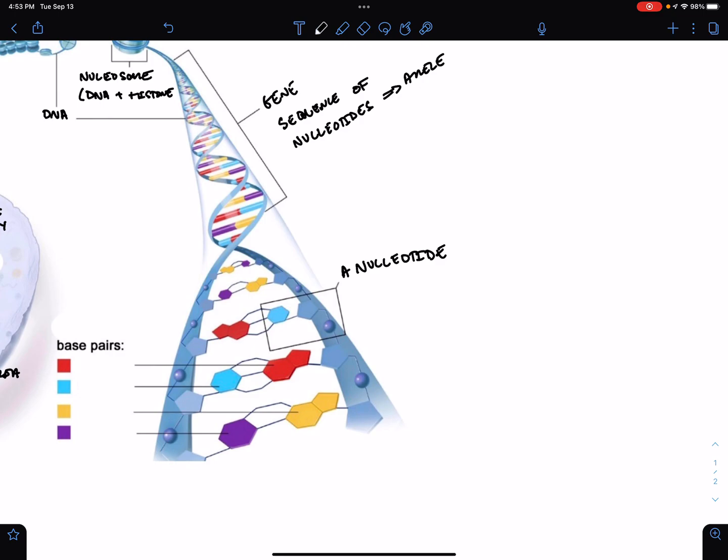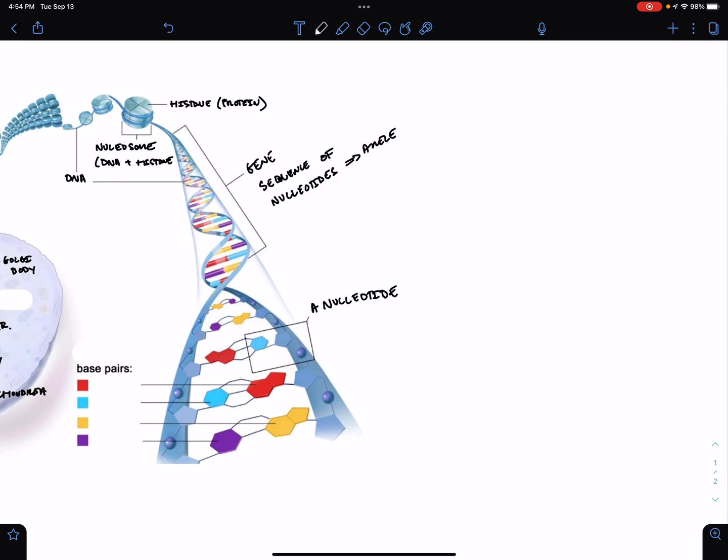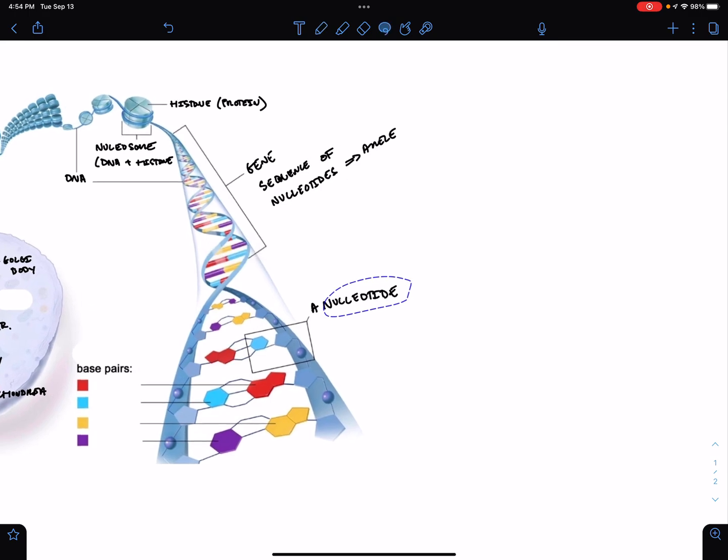But let's draw the structure of a nucleotide over here as well. Okay, a nucleotide. What does it look like?